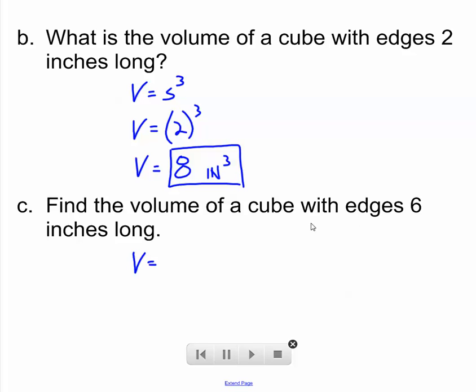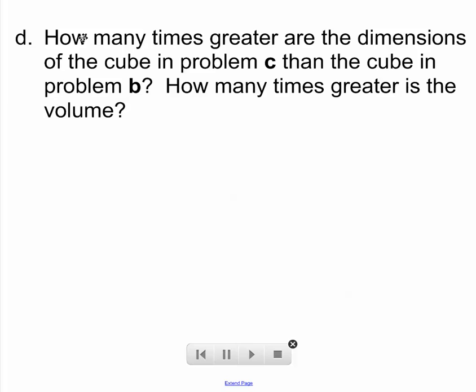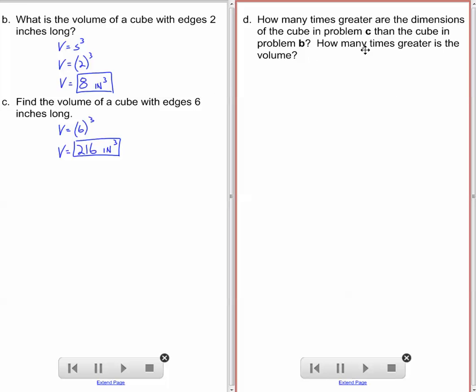And to find the volume of a cube with edges 6 inches long, we would just do 6 cubed, which is 216 cubic inches. We've done these kinds of questions before. On example D, it says, how many times greater are the dimensions of the cube in problem C than the cube in problem D?